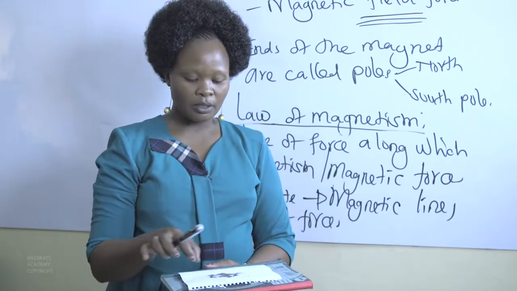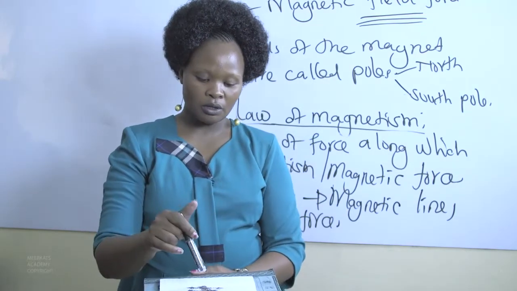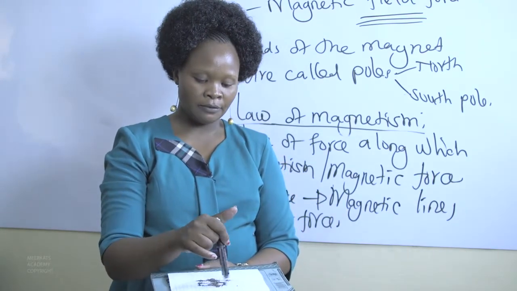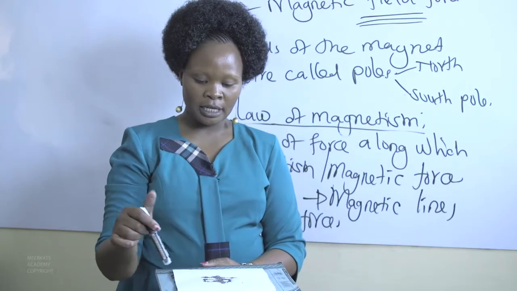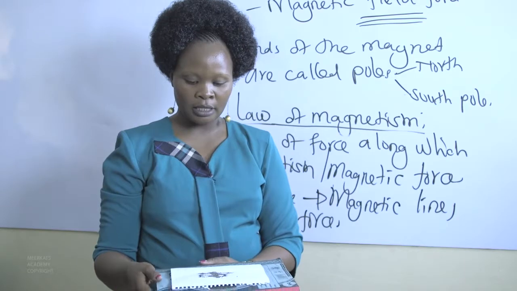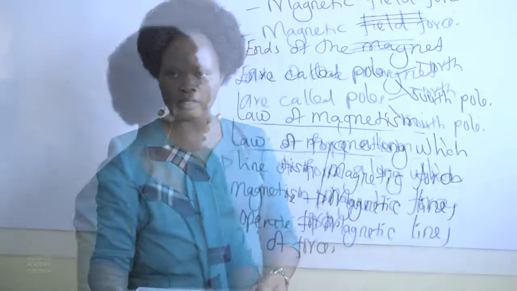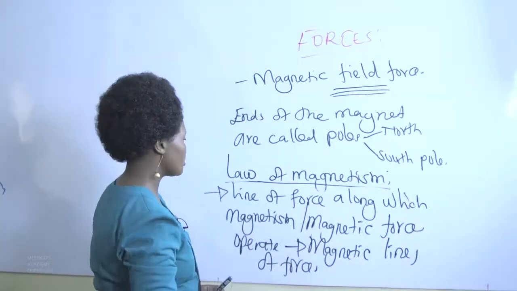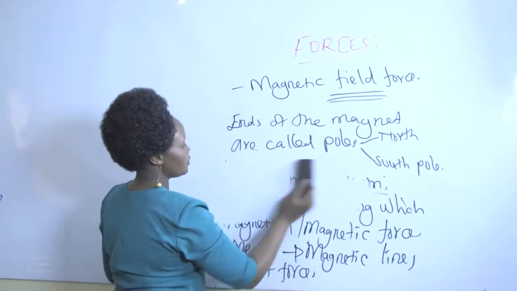Now, these particular lines are what we call the magnetic field lines, and they are the lines along which the magnetic effect is felt. Let us look at characteristics of magnetic field lines.